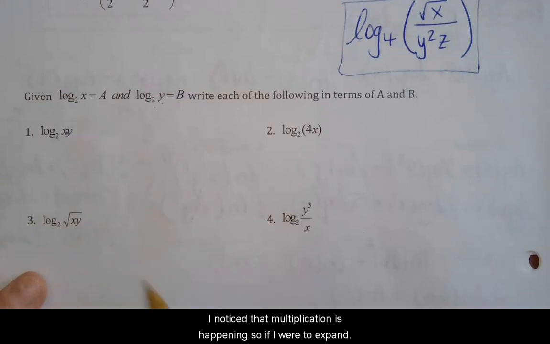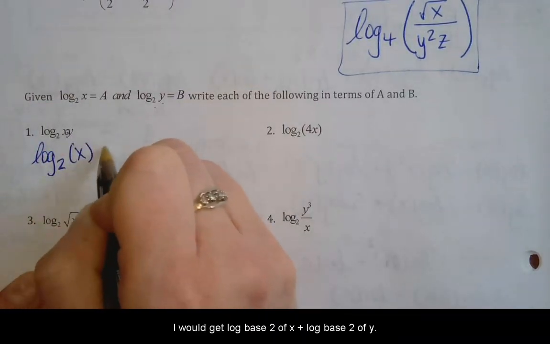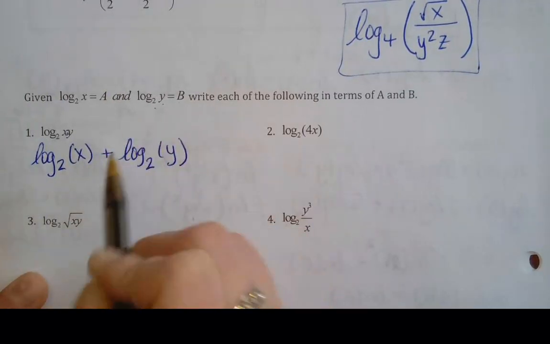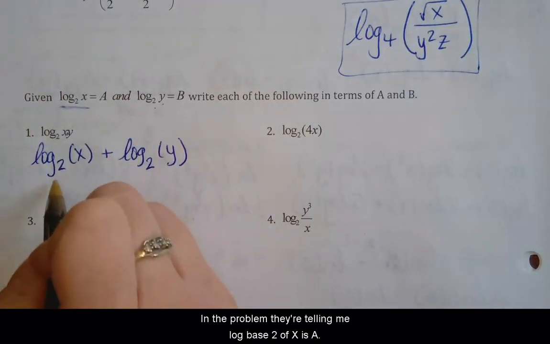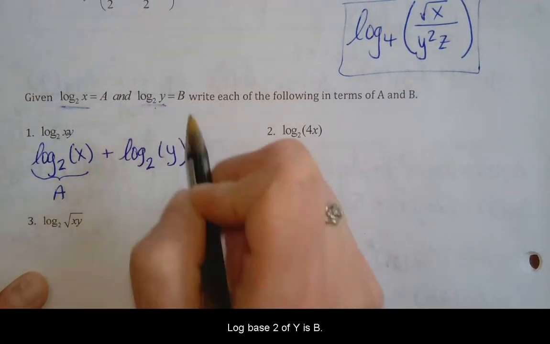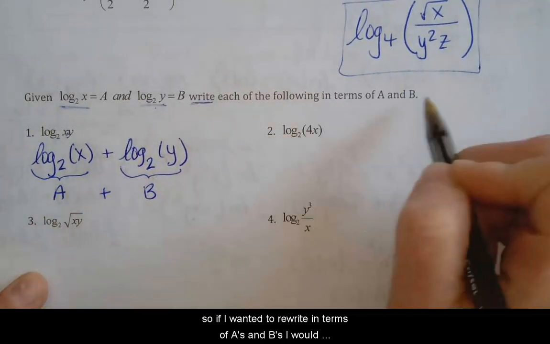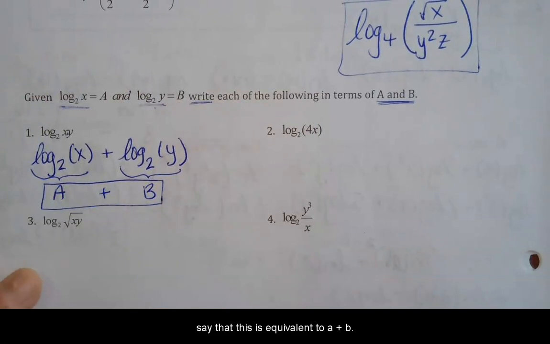So if I were to expand, I would get log base 2 of x plus log base 2 of y. In the problem, they're telling me log base 2 of x is a. So this is a, and log base 2 of y is b. So if I wanted to rewrite in terms of a's and b's, I would say that this is equivalent to a plus b.